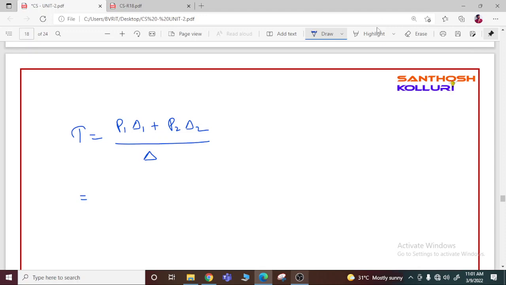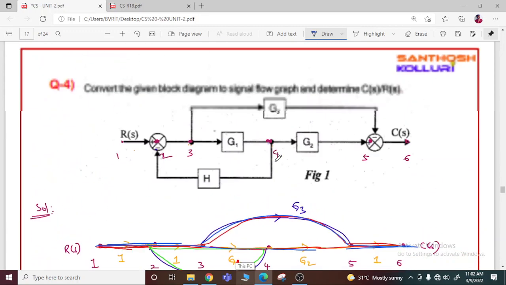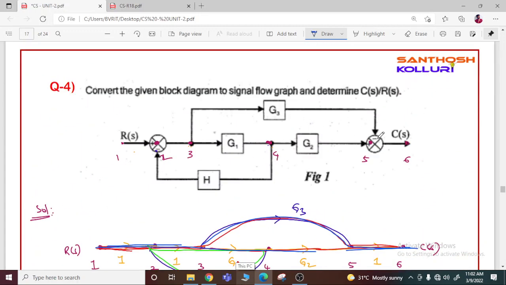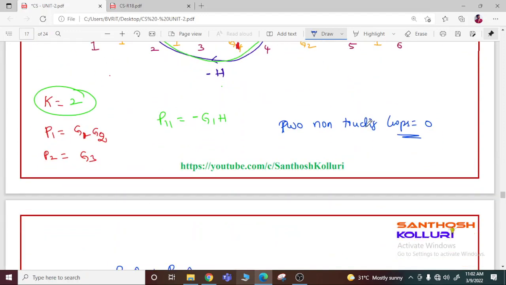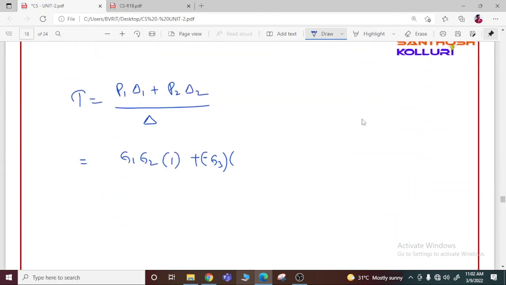P1 is G1 into G2, delta 1 is 1, plus P2 into delta 2. P2 is minus G3, and delta 2 is 1, divided by delta.